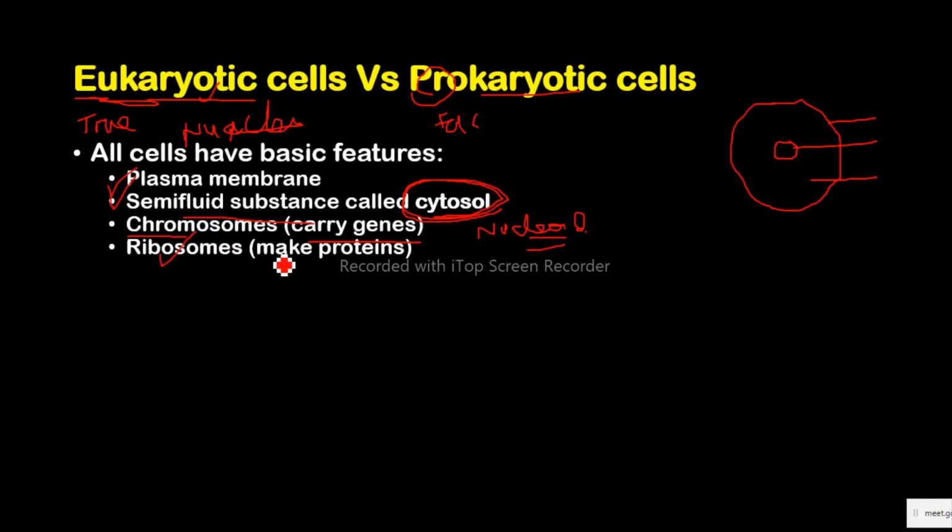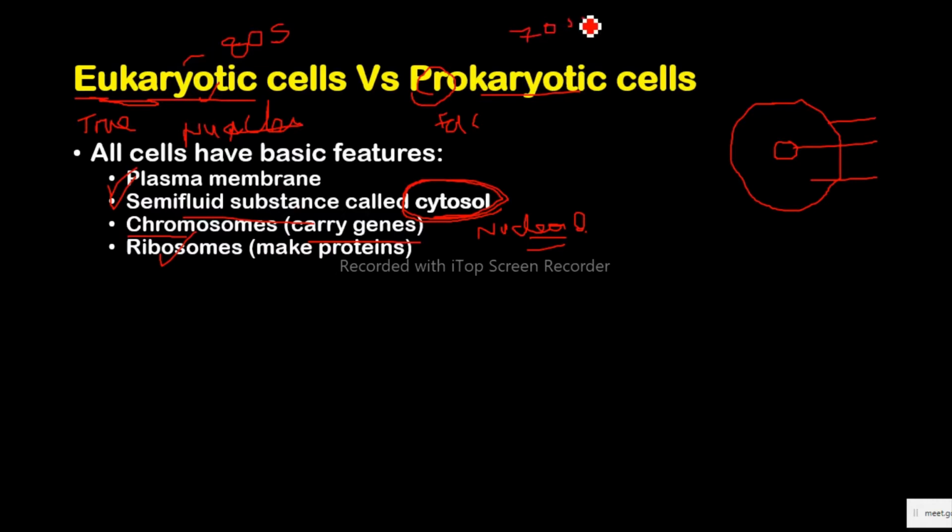So all cells, regardless of it being a eukaryotic cell or a prokaryotic cell, do have ribosomes. But still they vary. The ribosomes are not the same. For example, eukaryotic cells have 80S, whereas prokaryotic cells have 70S.